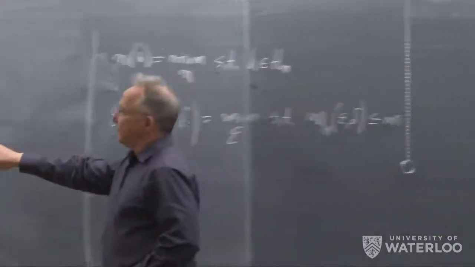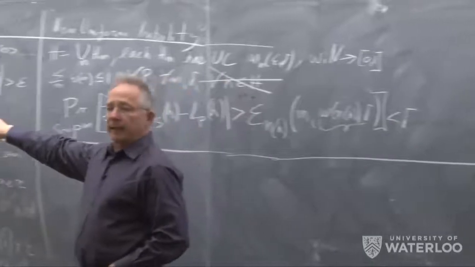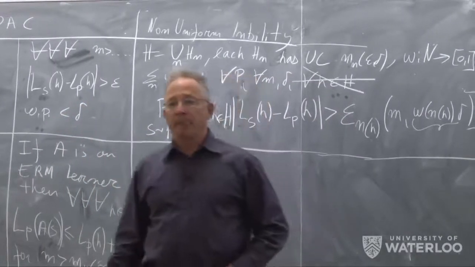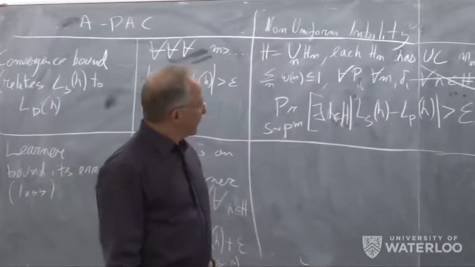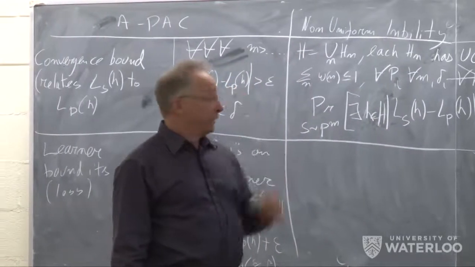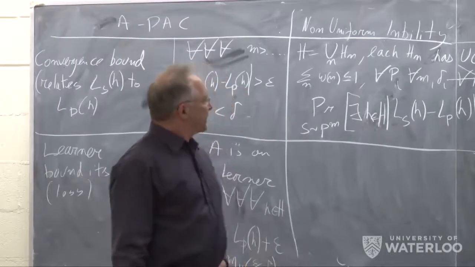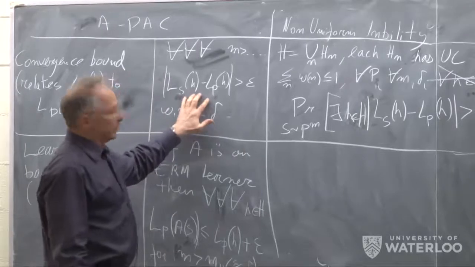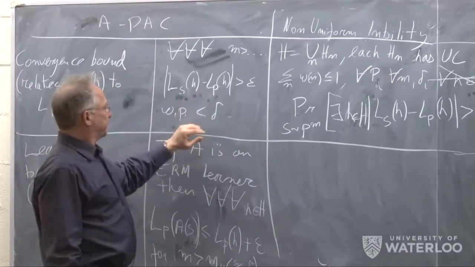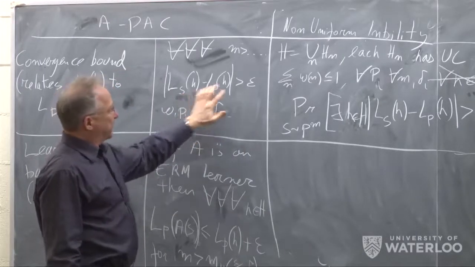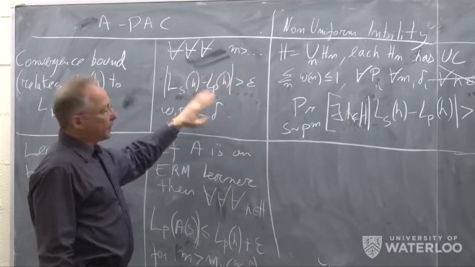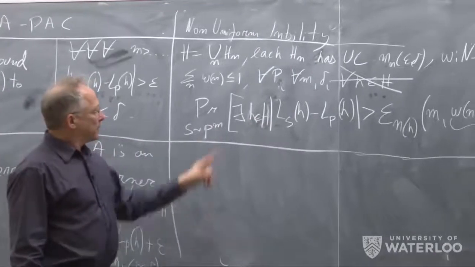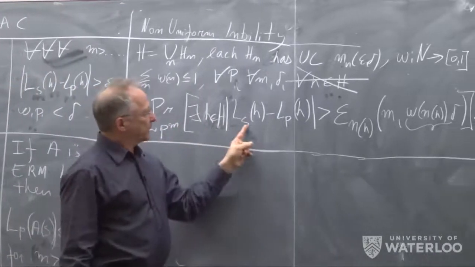So this result is the exact analog of the classic result that we had, the basic result on uniform convergence or on the existence of representative samples. This says the sample is not representative, or the opposite, saying the sample is representative.